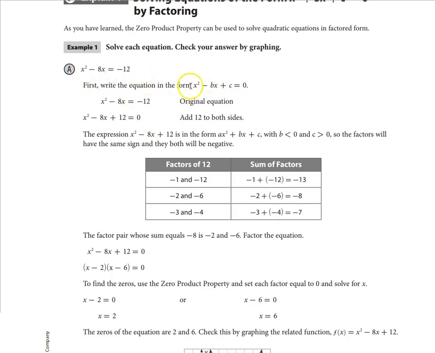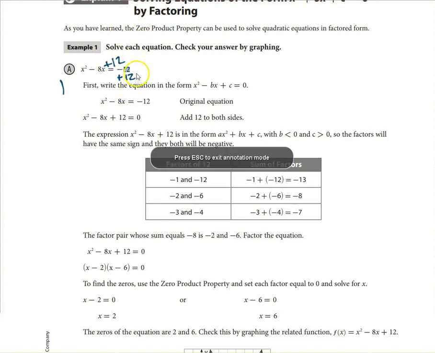So we need to write the equation in the form x squared minus bx, or in general plus bx, plus c equals 0. What we need to do is take this negative 12 on the right side and add 12 to both sides. So the equation would then be equal to 0.